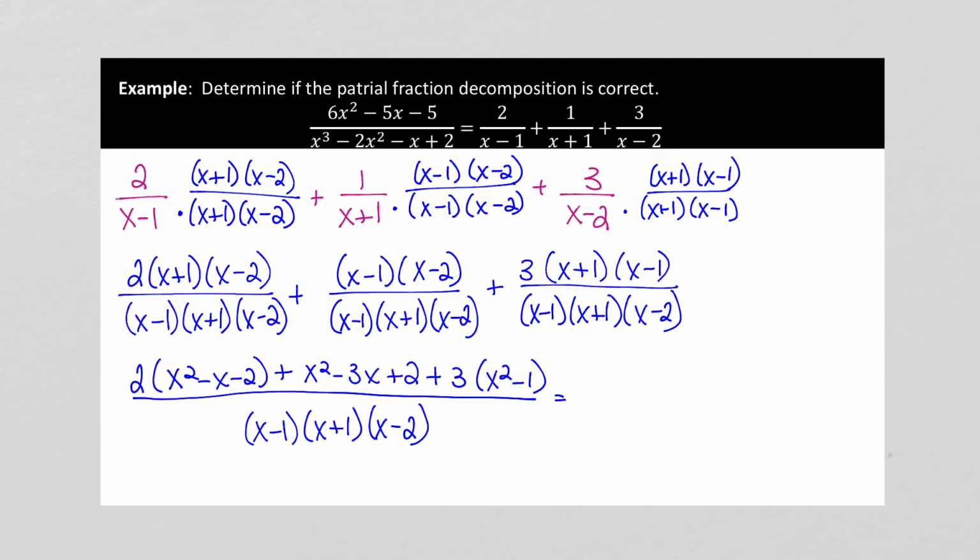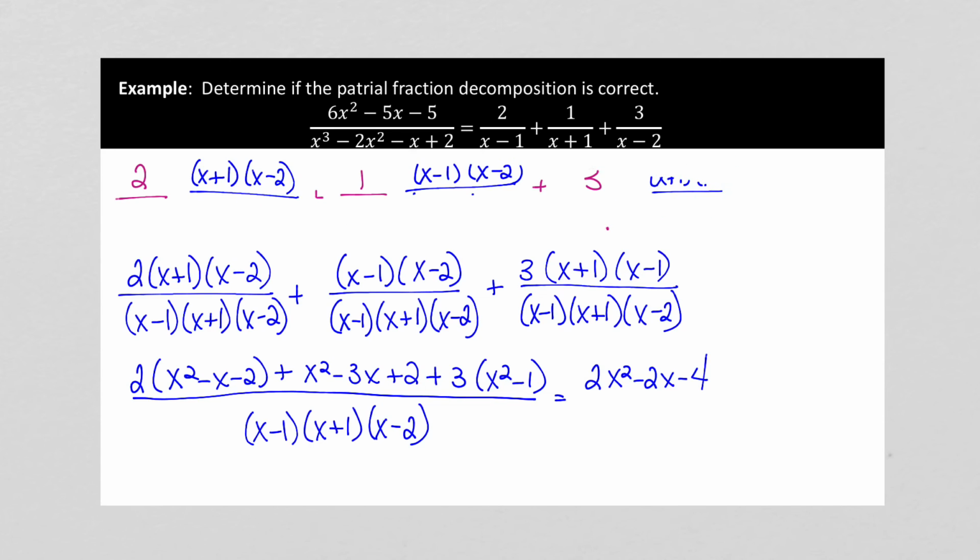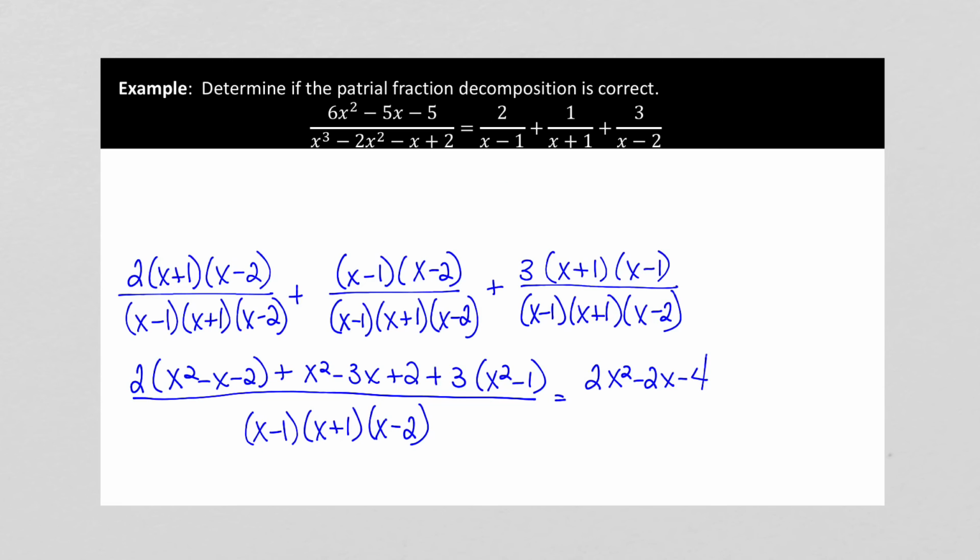Distribute the 2 and then the 3. So we'll have 2x squared minus 2x minus 4. Like I said, I'm going to run out of room, so I'm going to have to erase and move things up here. I should have added another page.